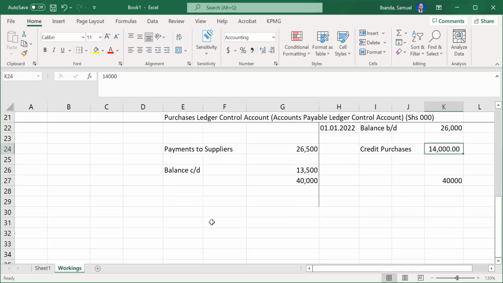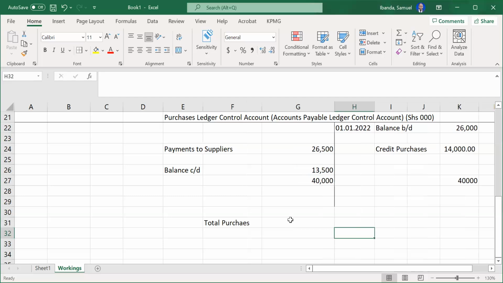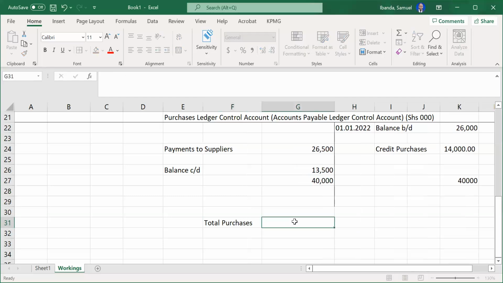So it means that my total purchases will be the cash purchases and then the credit purchases.